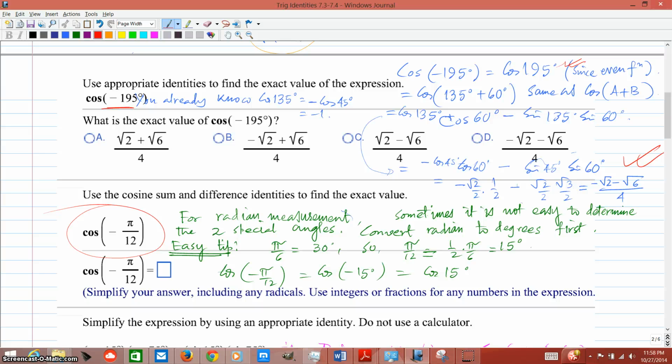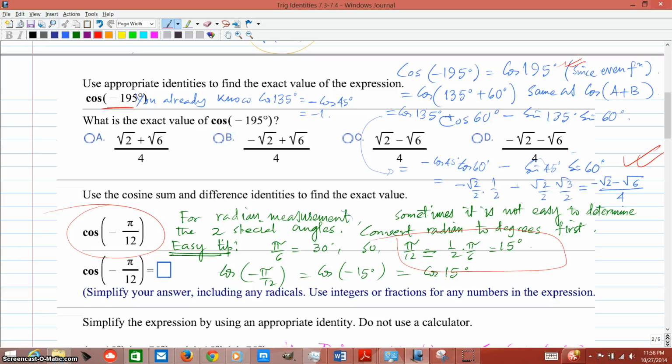So to show you how easy it is to figure out from radian to degrees, you do pi over 6. You already know it's 30 degrees, so 1/2 of pi over 6 gives you pi over 12. So basically this is the relationship you may remember.